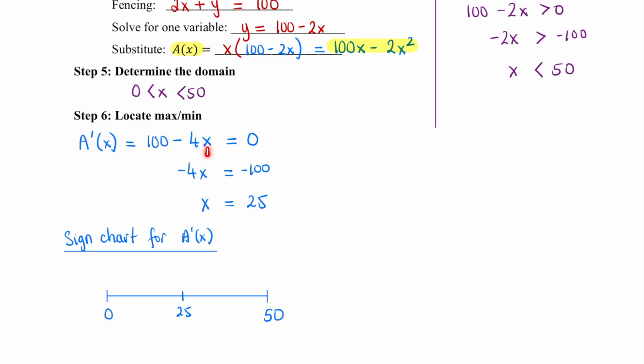So 100 minus 4 is positive. Now, I need to pick a test point for this region. You can pick any number in between 25 and 50. For example, I pick 30. And I plug 30 into the derivative function. 30 times 4 is 120. 100 minus 120 is negative.